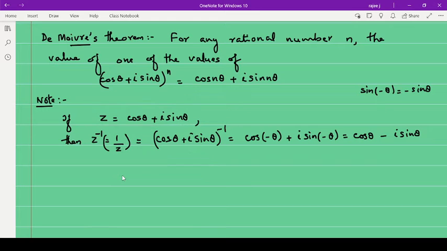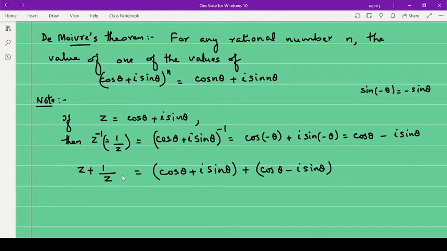Therefore we have this. Now if I do z plus 1 by z, just see what it is. z is cos theta plus i sin theta, and 1 by z is cos theta minus i sin theta.